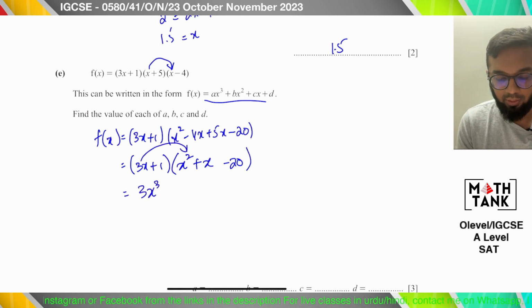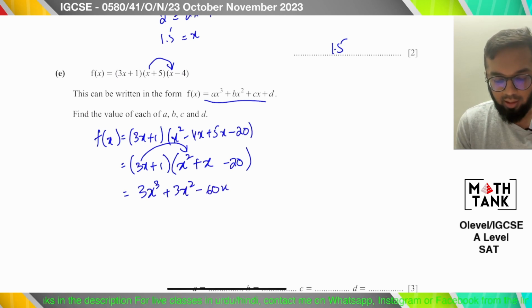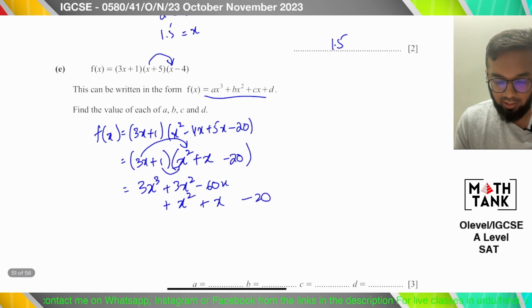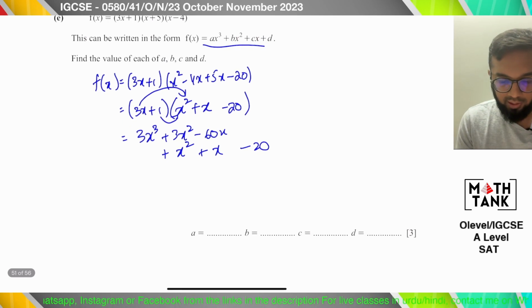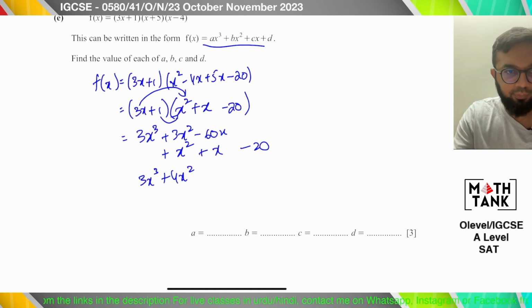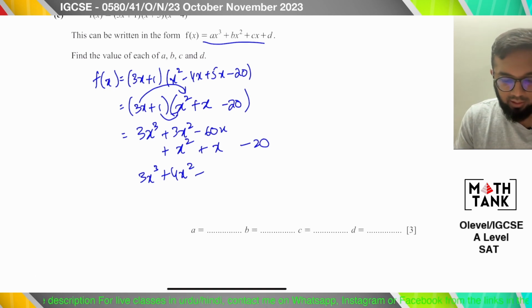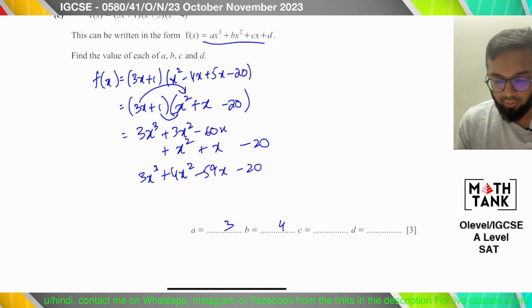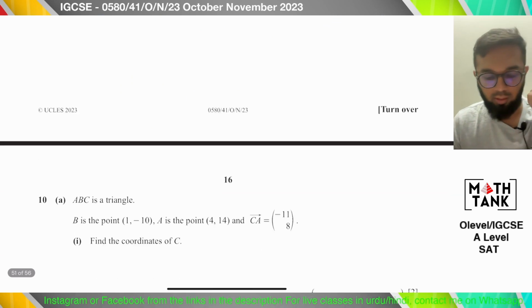I get 3x cubed plus 3x squared minus 60x. I have a habit of writing this in the next line when I multiply with the next number. So plus x squared plus x minus 20. So I get a total of 3x cubed, 4x squared minus 59x minus 20. So 3, 4, minus 59 and minus 20.